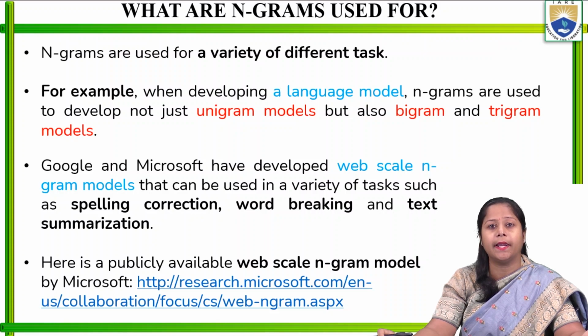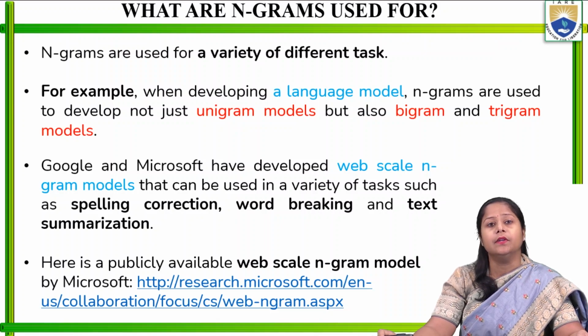Whenever we apply a language model, we can use n-grams to combine words and identify what the next word can be. We will discuss that in the n-gram language model.